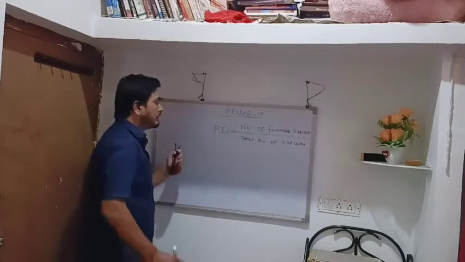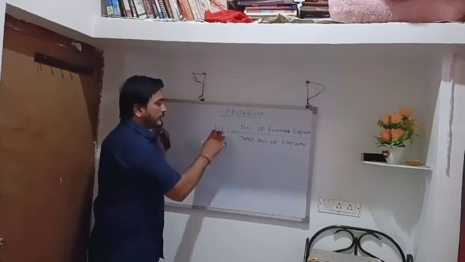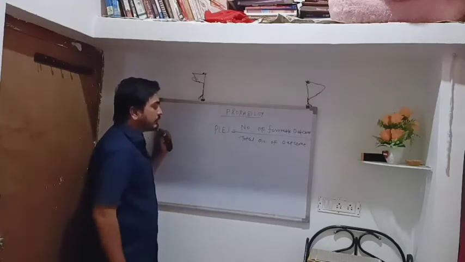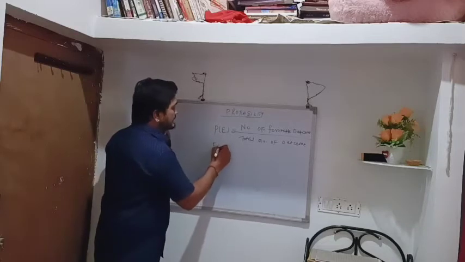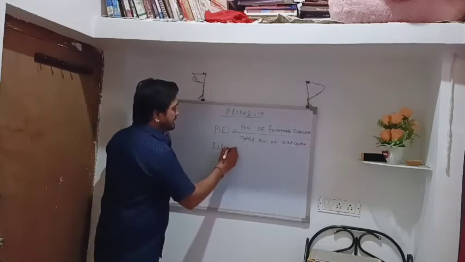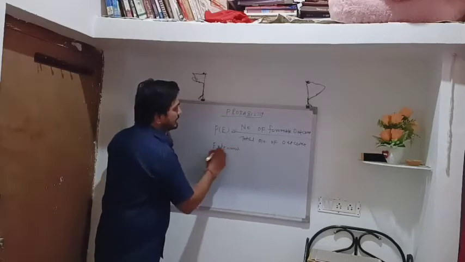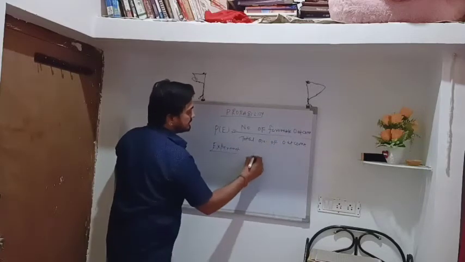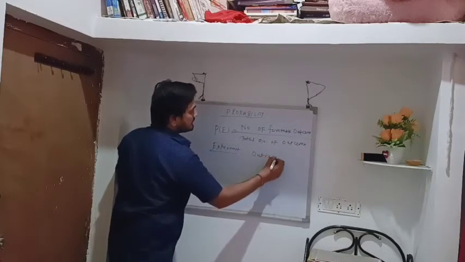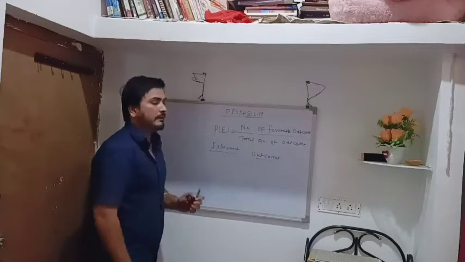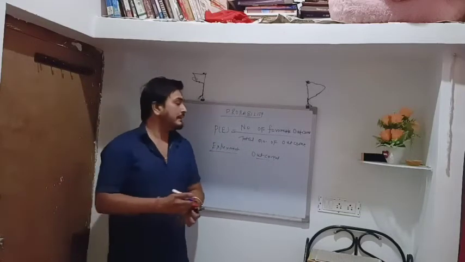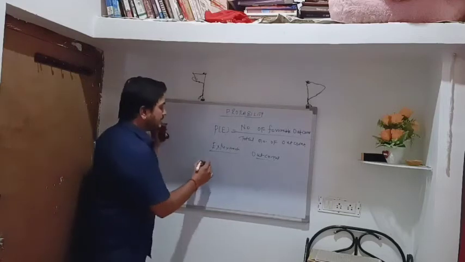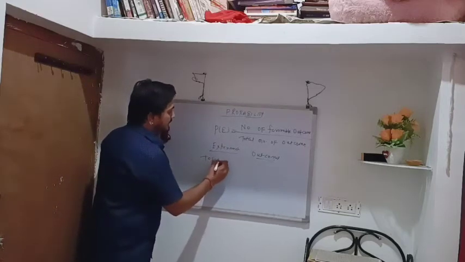So by using this formula, one term is the experiment and the other is outcomes. For example, when we are tossing a coin, that is our experiment.